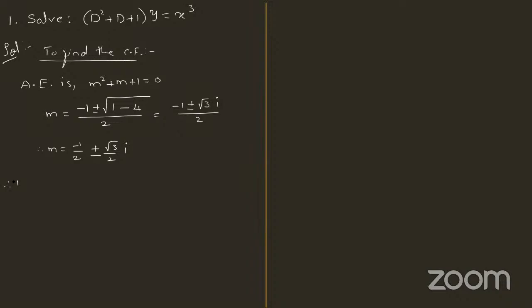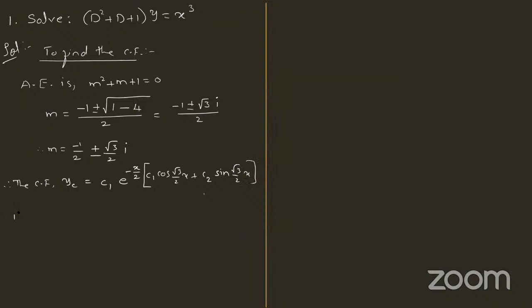Therefore the complementary function yc is equals to c1 e to the power of minus x by 2, multiplied by, look at it carefully, the imaginary part is root 3 by 2, so I'm writing it as c1 cos root 3 by 2 x plus c2 sine root 3 by 2 x. So this is your complementary function.